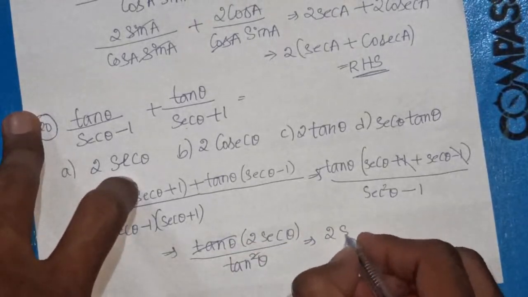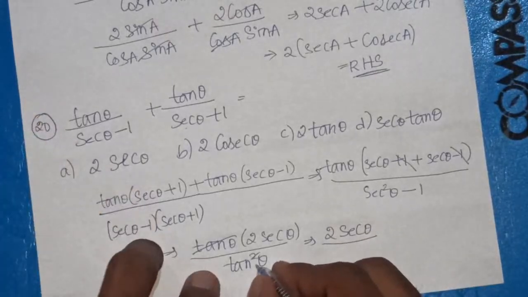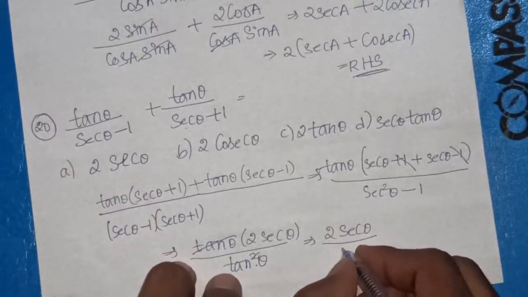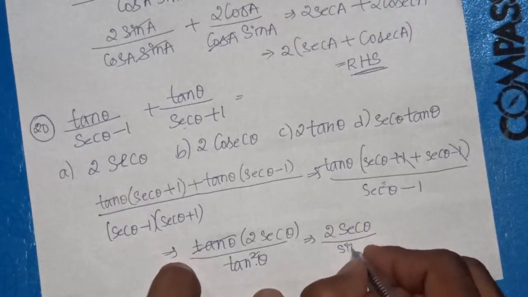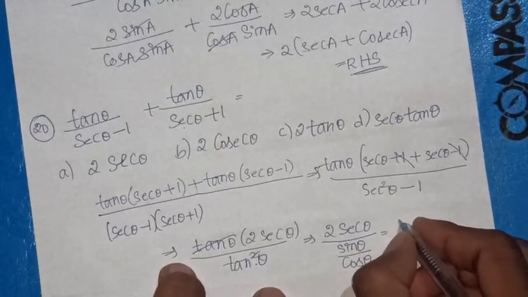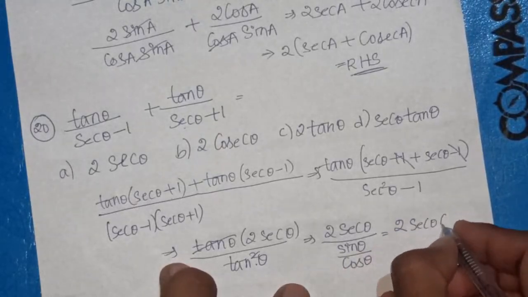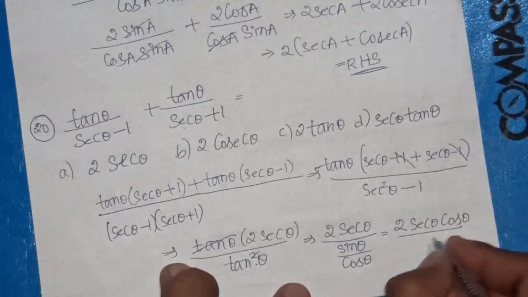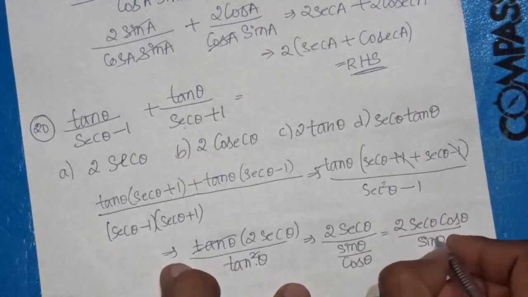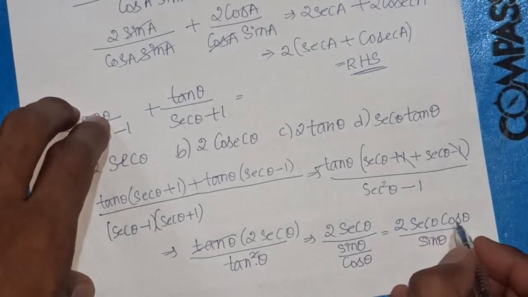2 into secant theta by tan theta, where tan theta can be changed to sin theta by cos theta. When we take the reciprocal, that is 2 into secant theta into cos theta by sin theta, and the reciprocal of secant will be equal to cos.